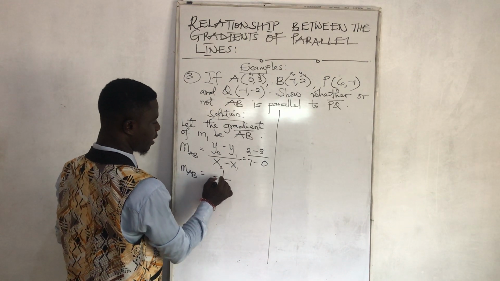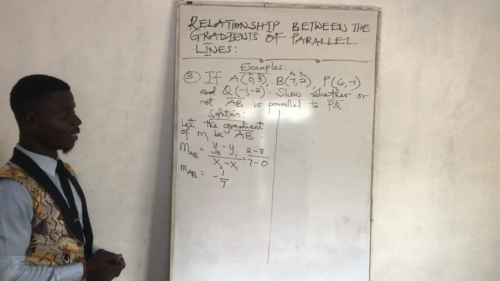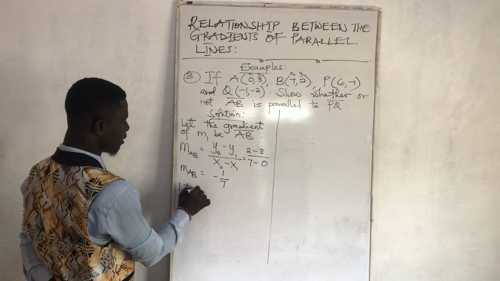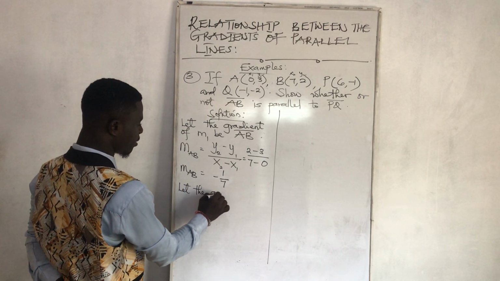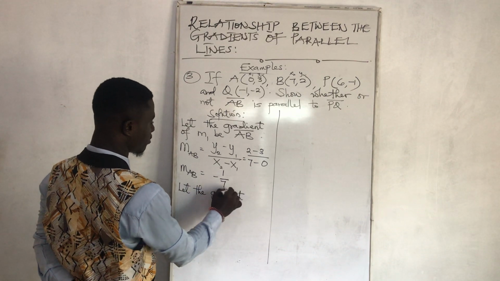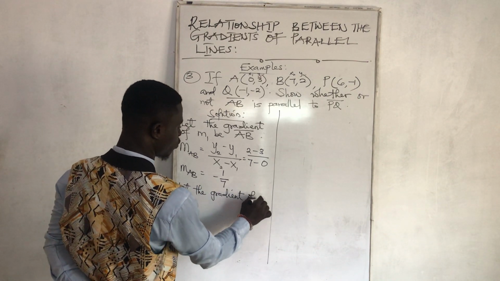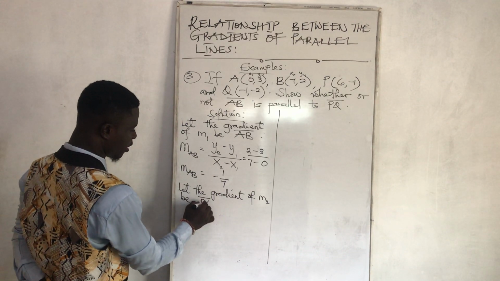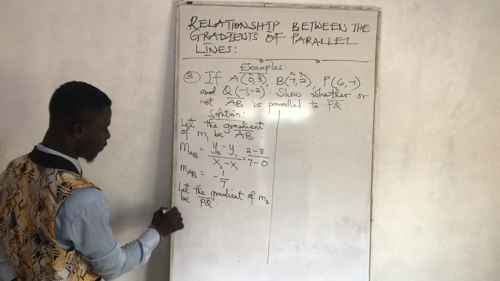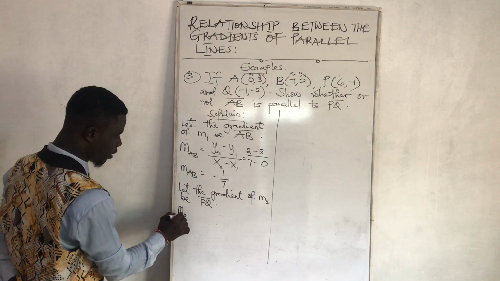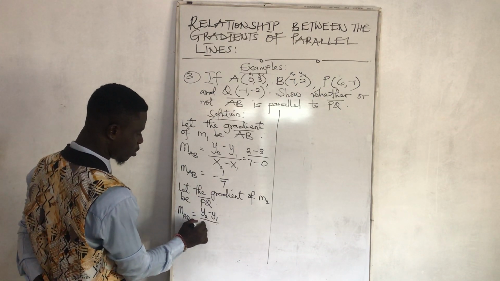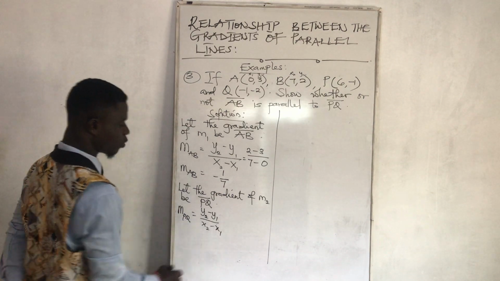So I have -1 over 7. Then I can say let the gradient M2 be that of line PQ. So the gradient of PQ is equal to Y2 minus Y1 all over X2 minus X1.